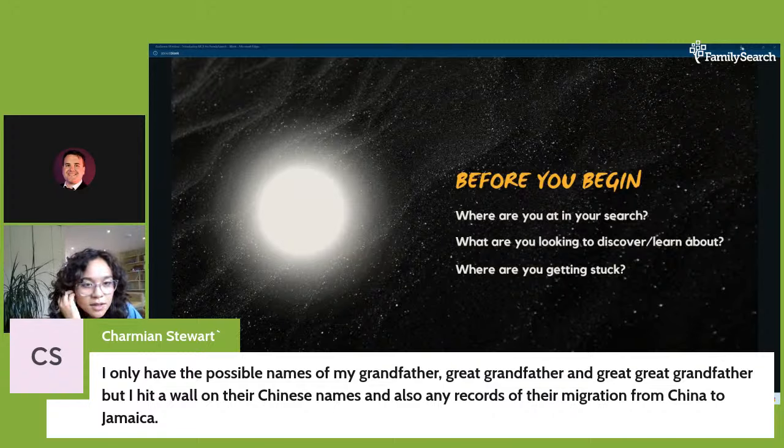Okay, I see. Hi, Charmaine. It's nice to see your name again. So you say you have the possible names of a few ancestors, but hit a wall with their Chinese names, and have no records of their migration from China to Jamaica. Indeed, this is another challenge: some records simply don't seem to exist, or it's unclear whether they were kept or remain, depending on the country.